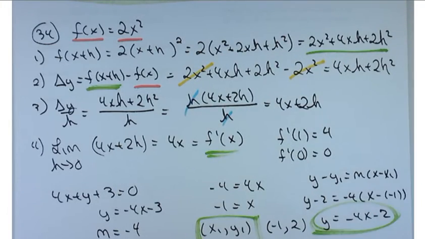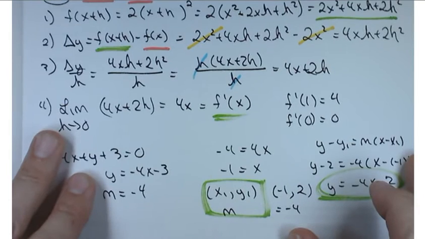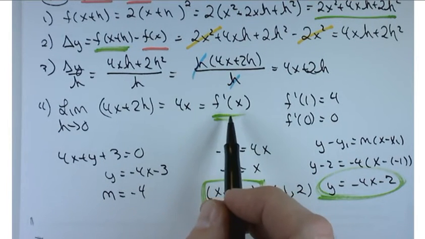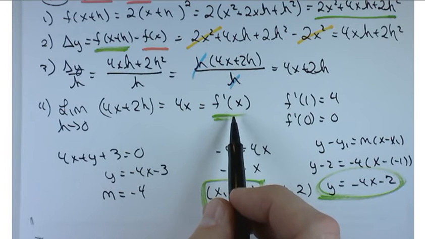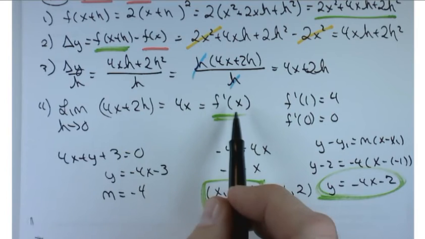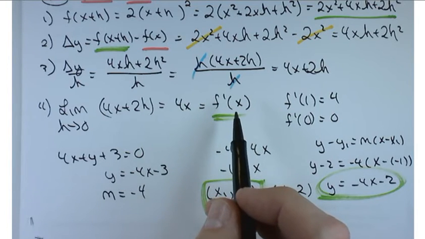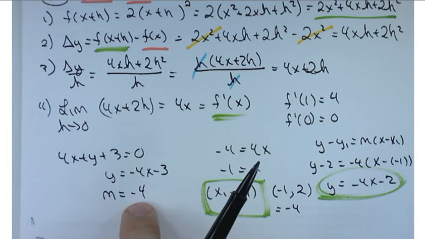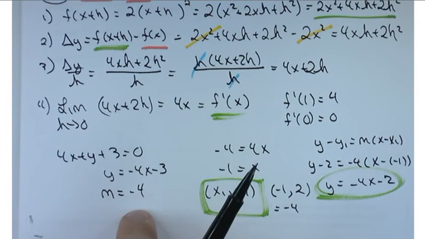The rest of it was a little bit tricky because you had to really understand what the derivative function tells you. It tells you the slope of the tangent line at any point. Just plug in the value of x, and you get the slope of the tangent line. We wanted our slope to match this, -4.